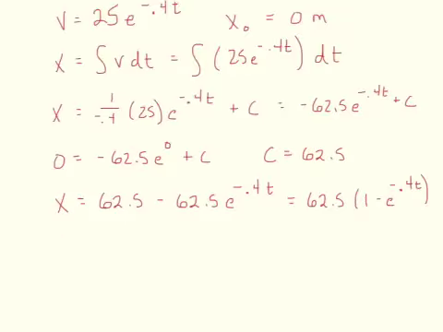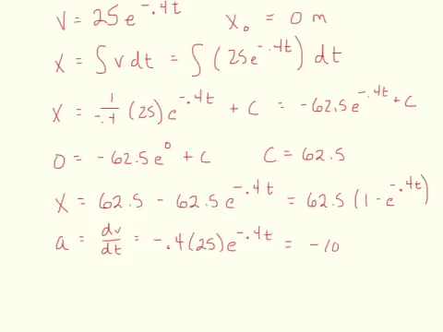If we want to know our acceleration as a function of time, we just have to remember that that's the derivative of velocity with respect to time. So if I take the derivative of 25e to the negative 0.4 t, then what I'm going to get for that is negative 0.4 times 25 times e to the negative 0.4 t. And if I work out negative 0.4 times 25, that's just negative 10.